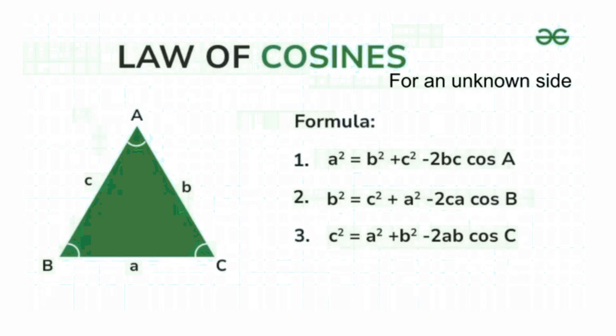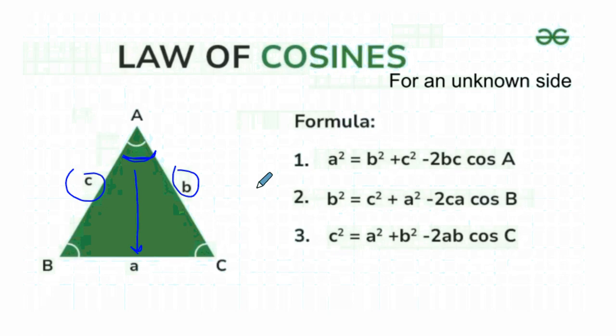Next is the law of cosines. The law of cosines states that if I know the sides and the angle between them, I can then use that to solve for the opposite side of the angle.